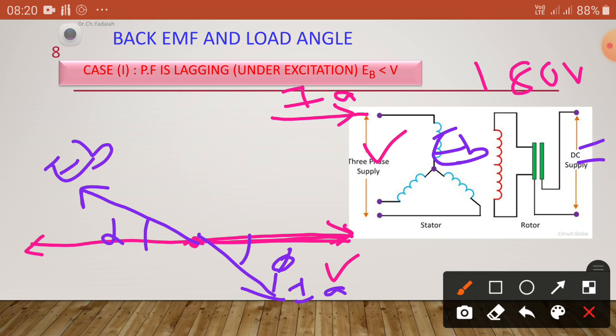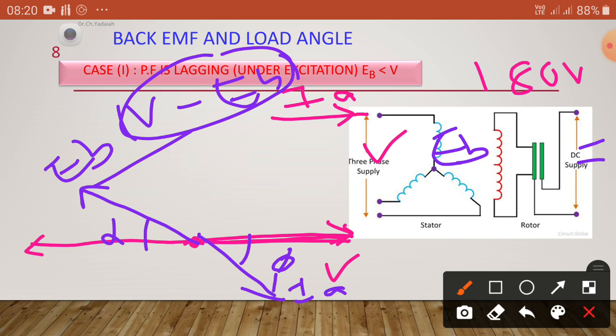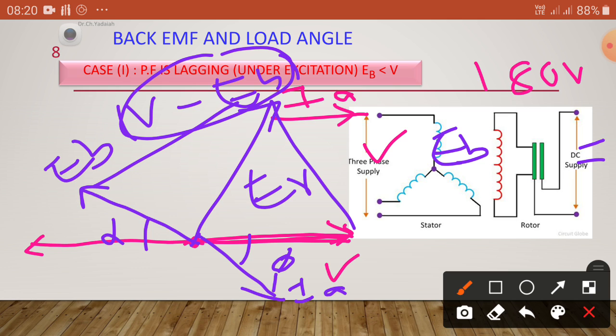As we know, V minus EB is the resultant voltage, the vector difference, which is the square root of the sum of the squares of the two voltages.